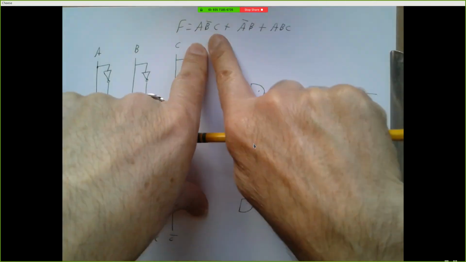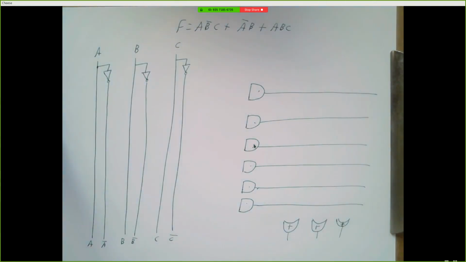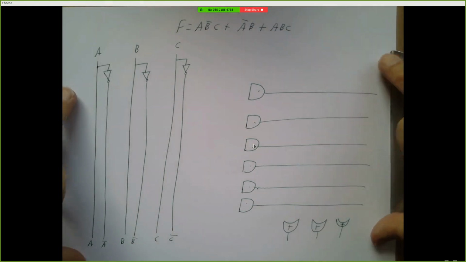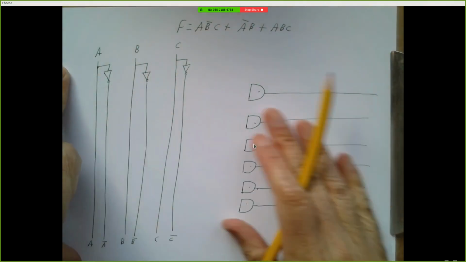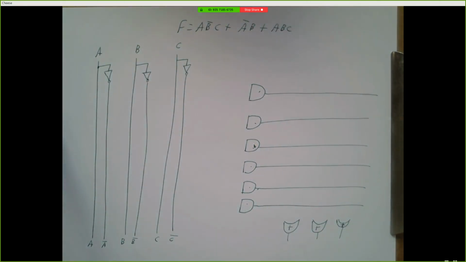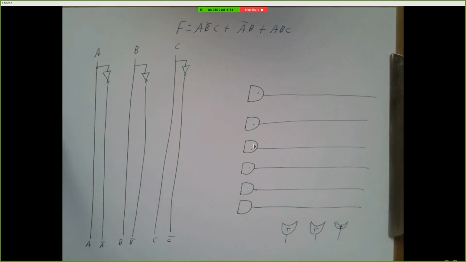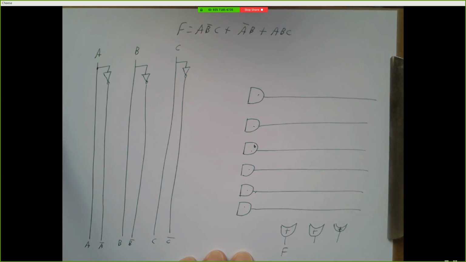Now suppose this is the equation I want to make a circuit diagram for, and suppose I already have this page sitting here in front of me. I've copied this, I have hundreds of these pages, right? So I pull one of these out and I say, okay, I want my output to be F. Okay, so I'll label that F. I want to OR three things together.